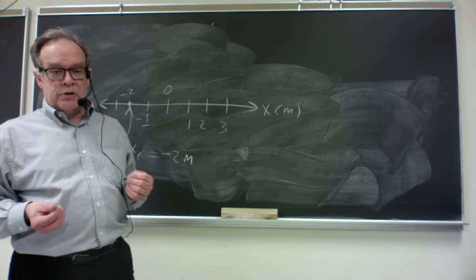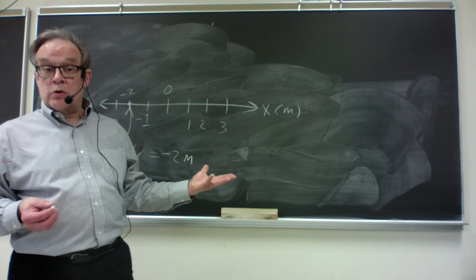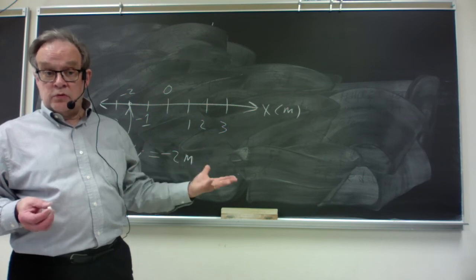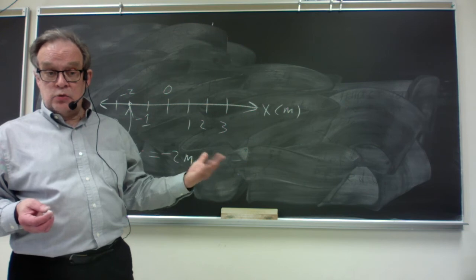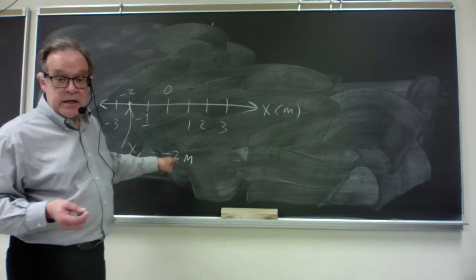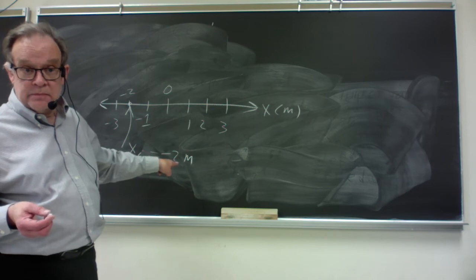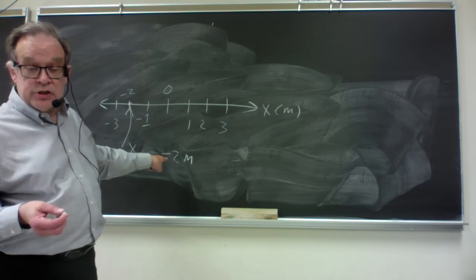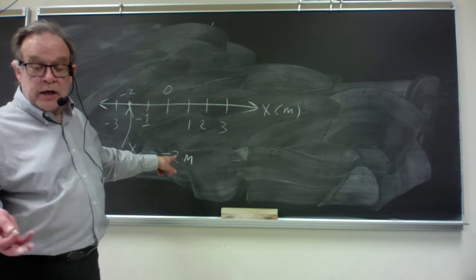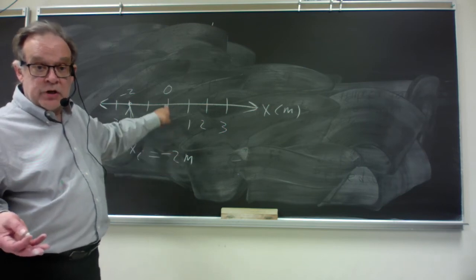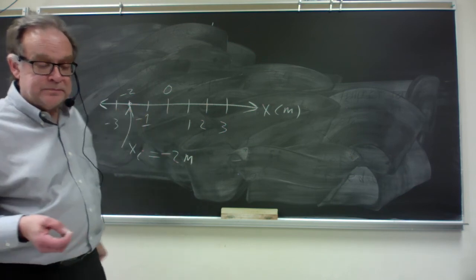And it's important to recognize that locations are examples of vectors, something with both a size and a direction. In this case, the size means how far away you are from the origin of your coordinate system. And the direction is indicated by the sign, which tells you which way you have to go if you're starting at the origin and want to get to that point.